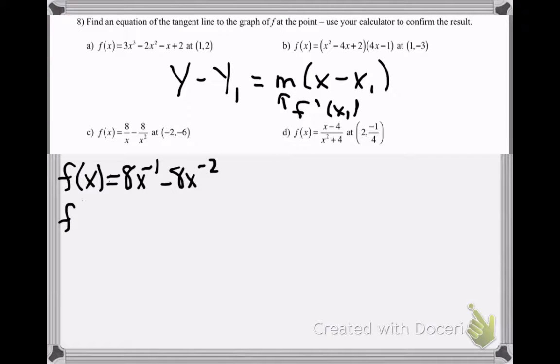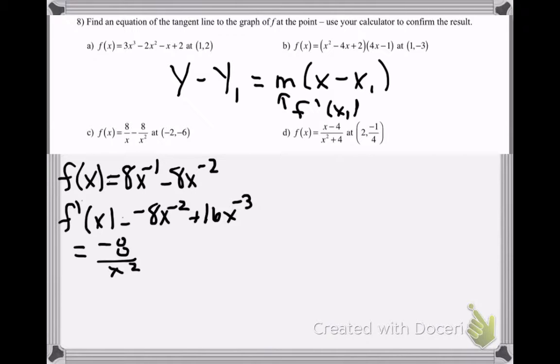We'll take our derivative. That's going to get us negative 8x to the minus 2 plus 16x to the minus 3. And then we can get rid of those negative exponents again by putting them in the denominator. Negative 8 over x squared plus 16 over x cubed.